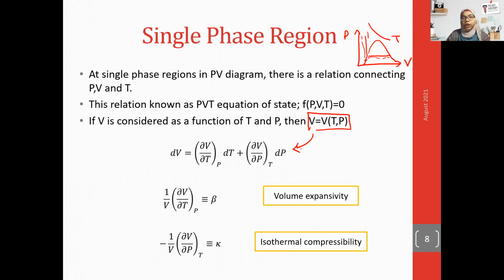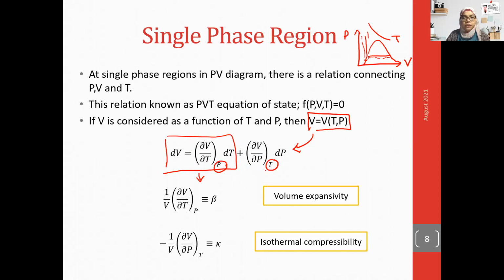Turning to the mathematical modeling, we have dV equal to ∂V with respect to temperature at constant pressure, dT, plus ∂V with respect to pressure at constant temperature, dP. From this equation we have two groups, at constant pressure and at constant temperature.